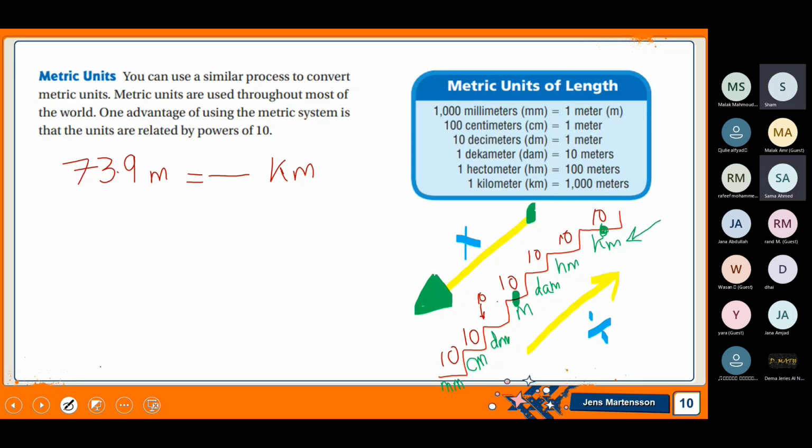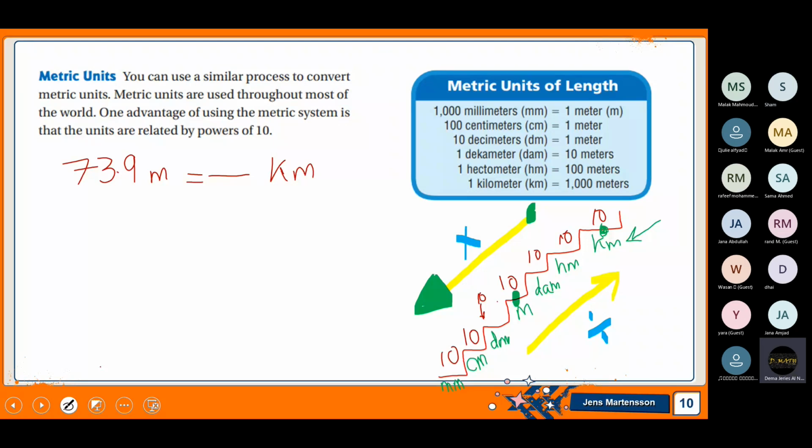It's here. It's kilometers, km. It's up.